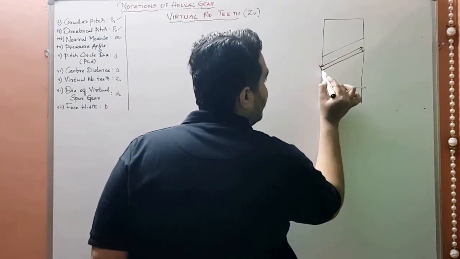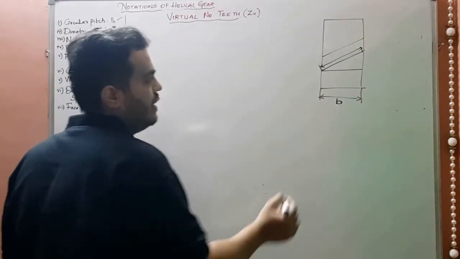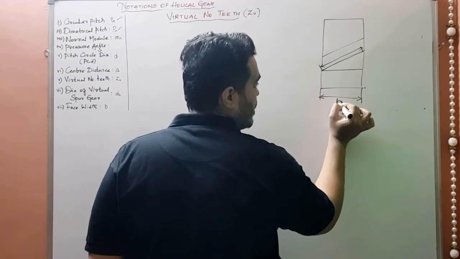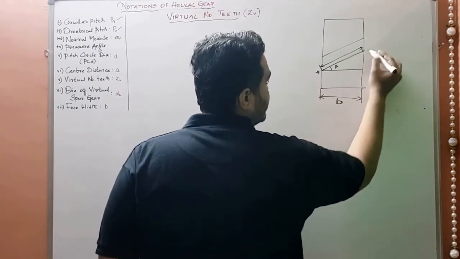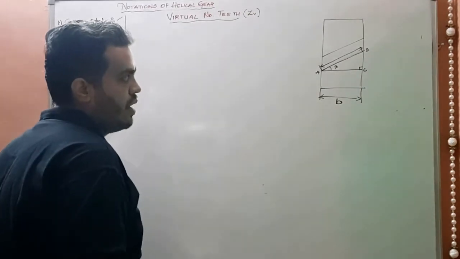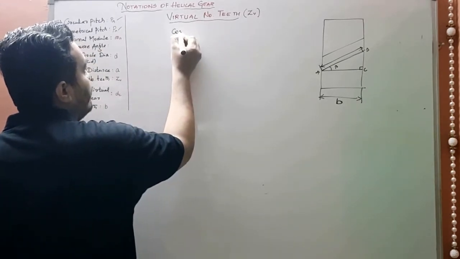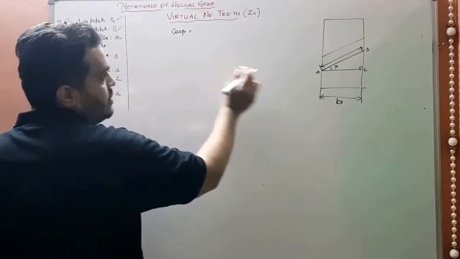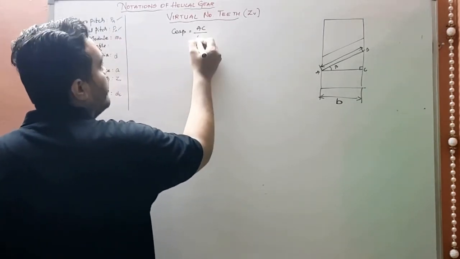To determine this, I will draw one line here. If you draw a line here, this will be the same as the face width. So this will be the alpha angle. I will just consider this as A, B, C, and this will be the right angle. If you simplify this, we have cos beta, that is adjacent, AC by AB.